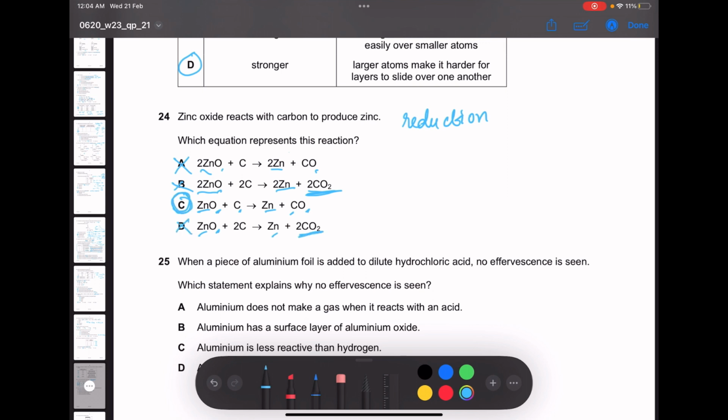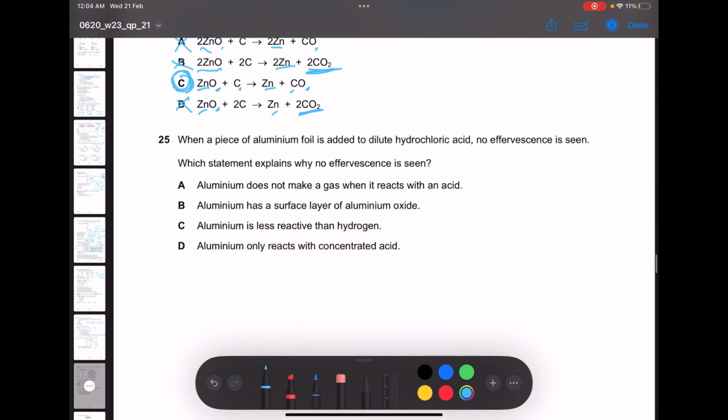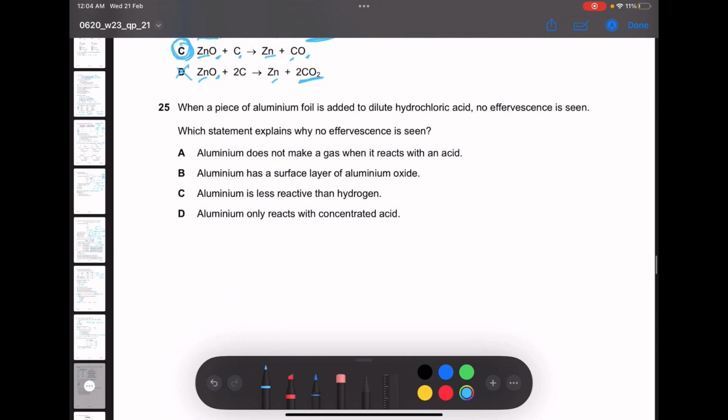When a piece of aluminum foil is added to dilute hydrochloric acid, no effervescence is seen. Which statement explains why no effervescence is seen? Aluminum is a very reactive metal and it reacts with the air surrounding it, so an oxide layer forms over aluminum.